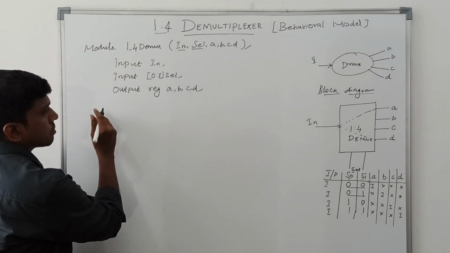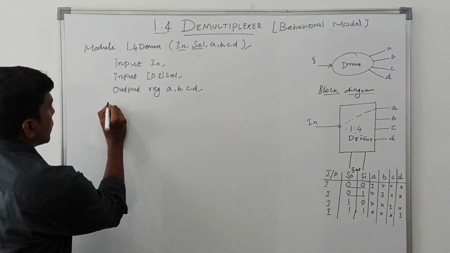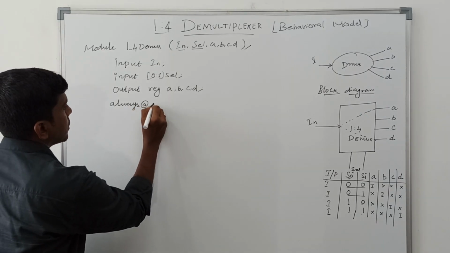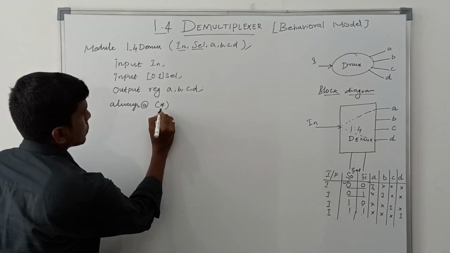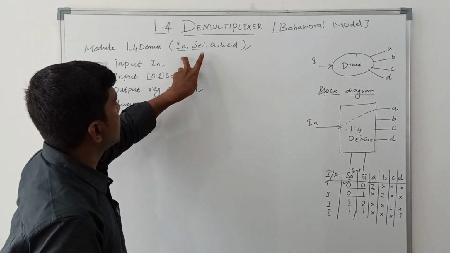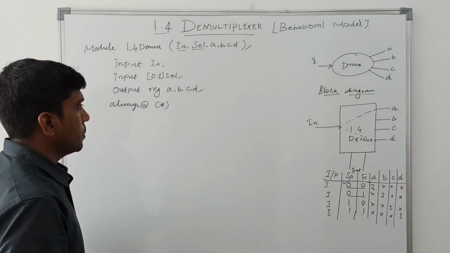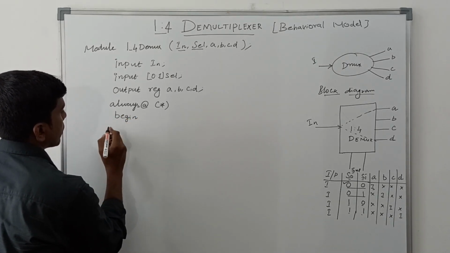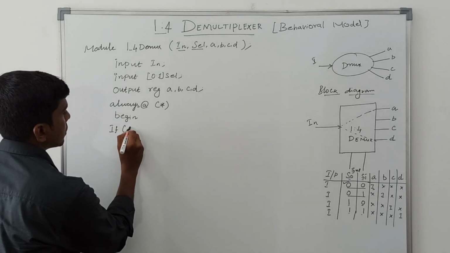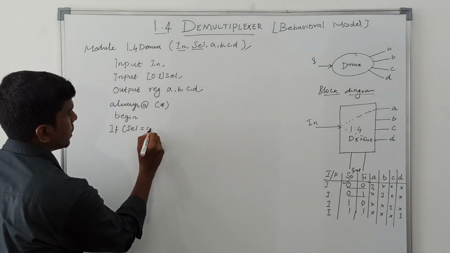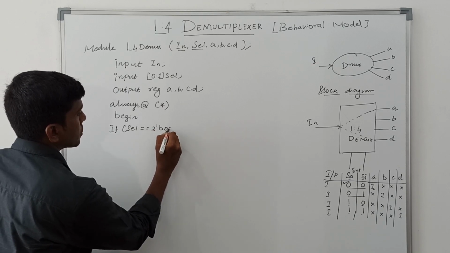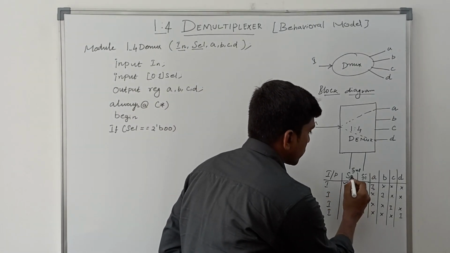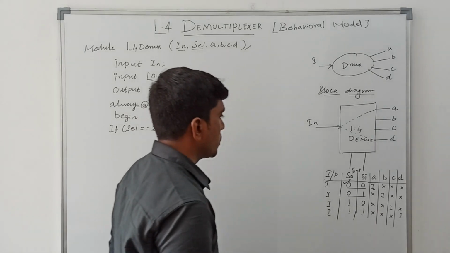After the declaration, we begin the process. Always at star. In this program, in and selection line change the output values. Begin the process. If selection line equal to 2'b00. Here we take the first condition: selection line S0 value 0, S1 value also 0.